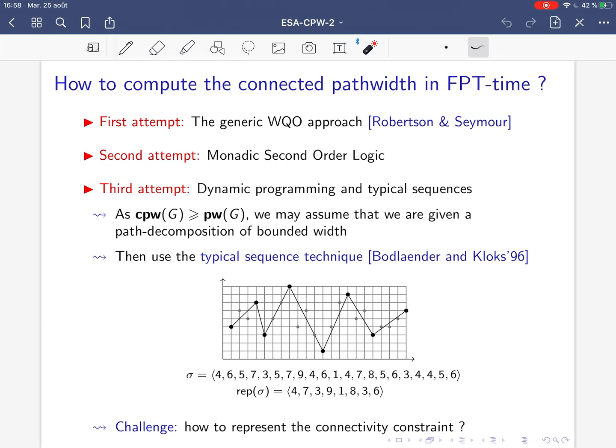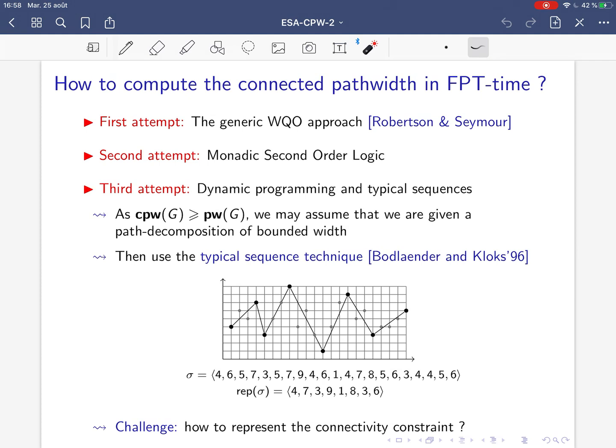So what is a typical sequence? A typical sequence is: you take a sequence of integers, like here, 4, 6, 5, 7, 3, and so on, and you are interested in the tips of the sequence.